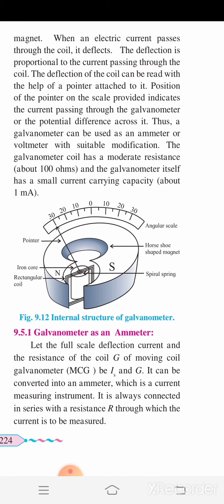Meaning, to measure the current passing through a resistor having resistance R, we connect the ammeter in series with that resistance.